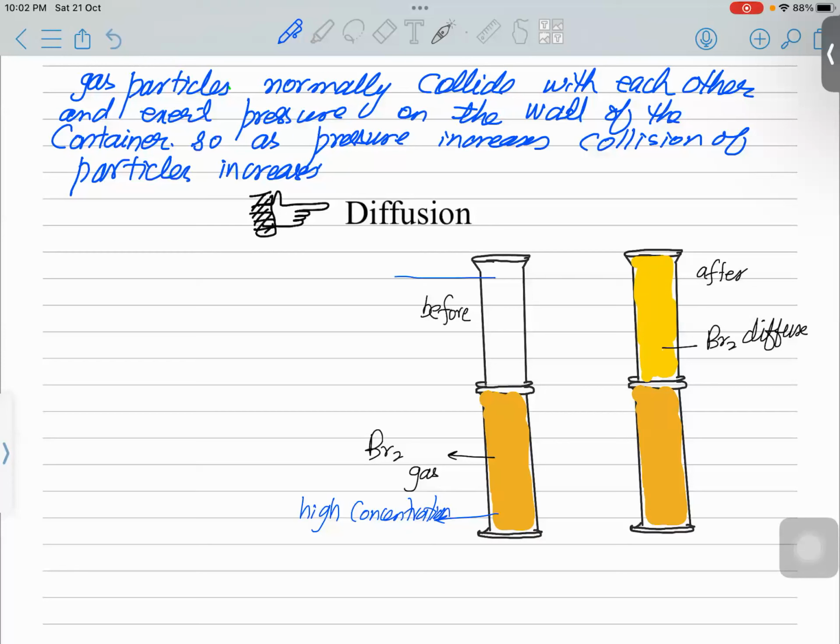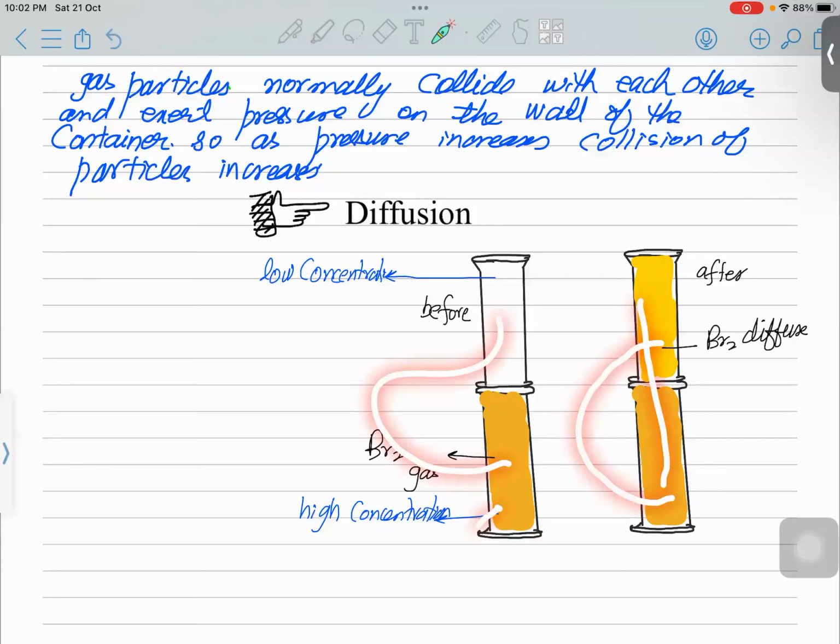Here we have zero concentration, very low concentration. So gas particles move from the region of high concentration to low concentration. This process is called diffusion. Are you getting this point or not?